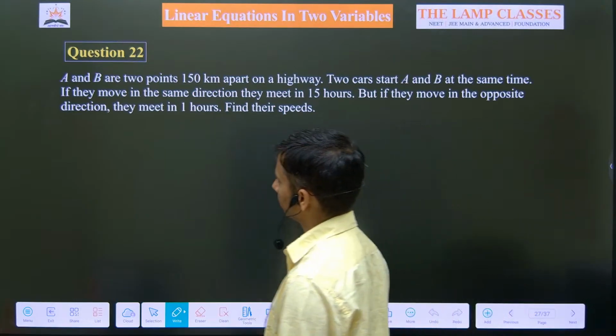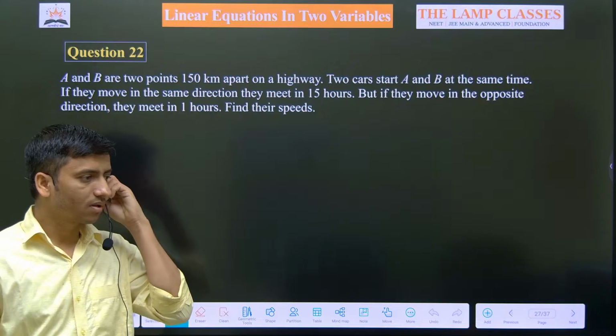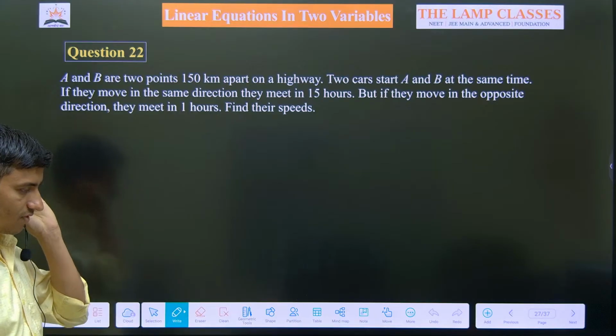Okay. Another word problem. Please read the question and frame the equation.